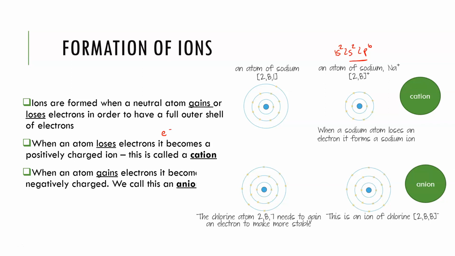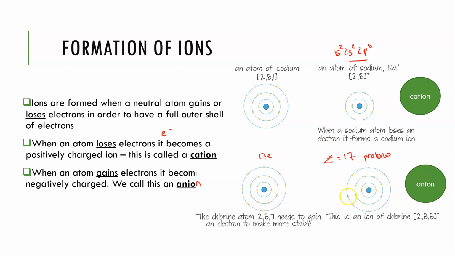In the case of anions, when an atom gains electrons, it becomes negatively charged and is now known as an anion. So if we look at something like chlorine, which has 17 electrons, we need 1 more to fill that outer shell, which means that it will get 1 more electron, meaning it will have more electrons than protons, remembering that chlorine has an atomic number of 17, so it has 17 protons.